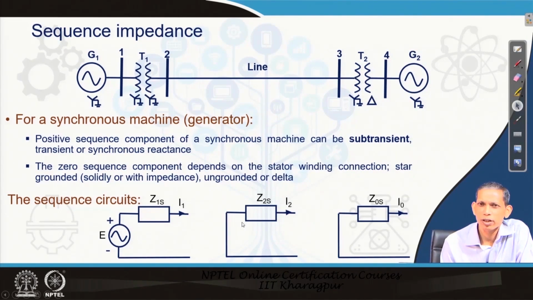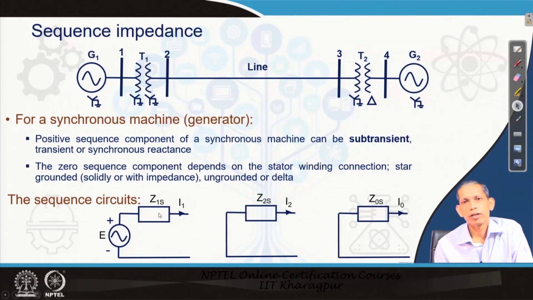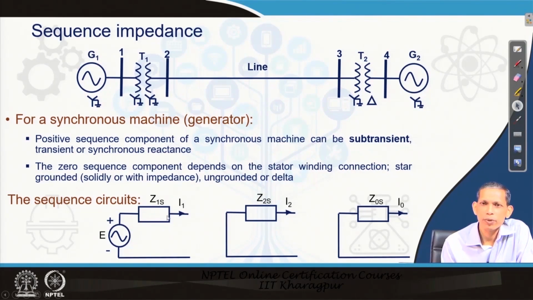So, there is no negative sequence or 0 sequence source voltage; they are represented only by sequence impedances. Z1 in this case can be represented in terms of subtransient, transient or synchronous reactance depending upon the period of observation in the time frame, because we are concerned with relay design and the fast decision making process.